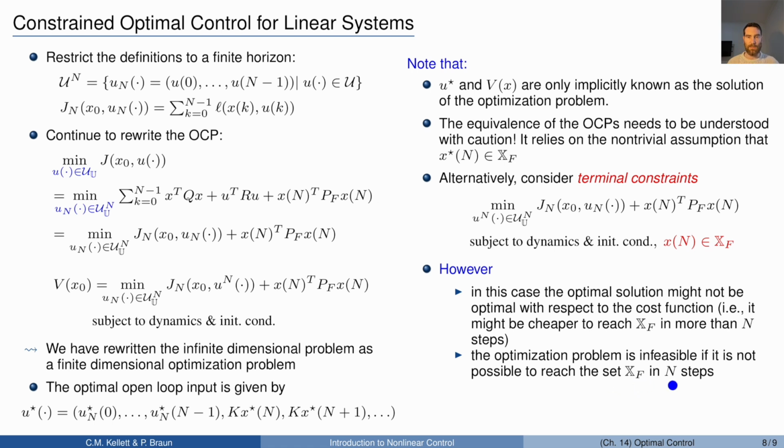So N needs to be selected large enough that that is guaranteed. If we select N too small, it might be that it is not optimal to reach X_f in N steps, but potentially in N plus 10 steps, meaning we only get a suboptimal solution because we try to enforce that we reach this set too early.